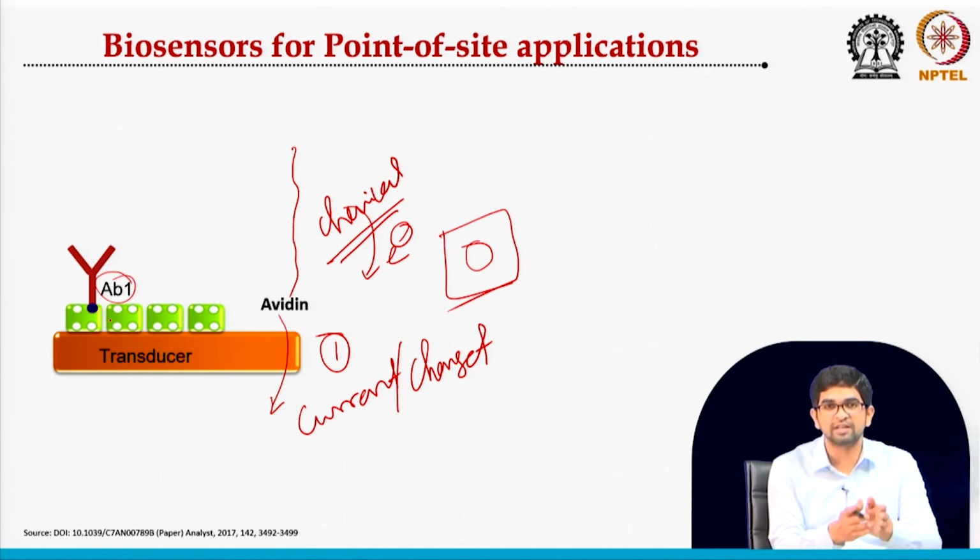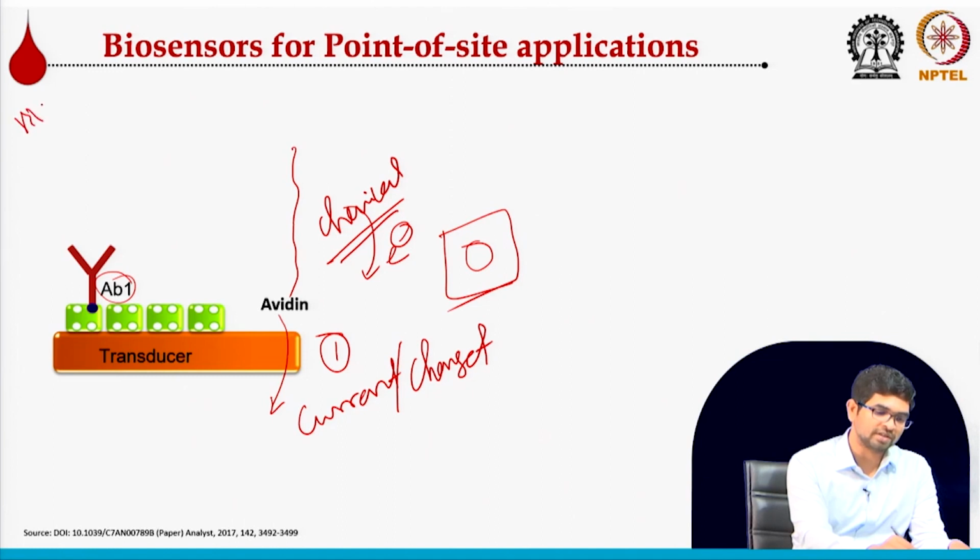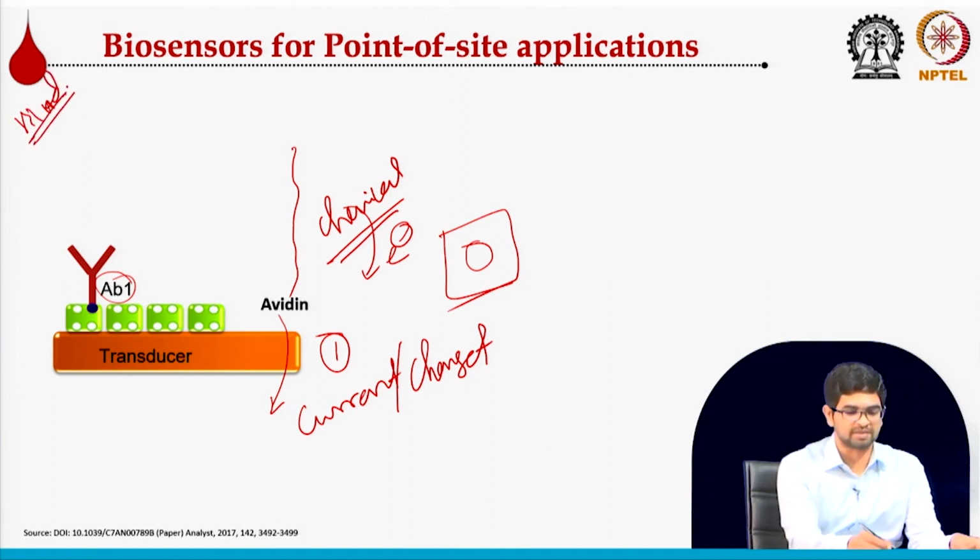So, what is this analyte or biomarker? That is a disease marker that you want to detect. So, the first antibody is immobilized on the sensor surface with the help of avidin. Now, see here, this is the sample. Suppose this is the blood sample, right. It can be a urine sample, it can be a saliva sample, but for example, I chose the blood sample.